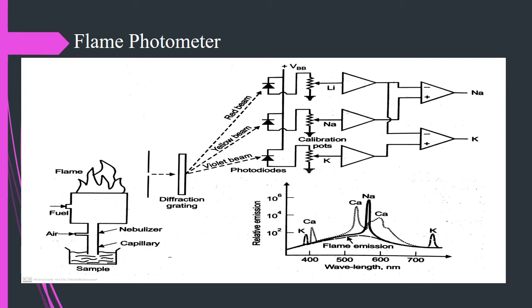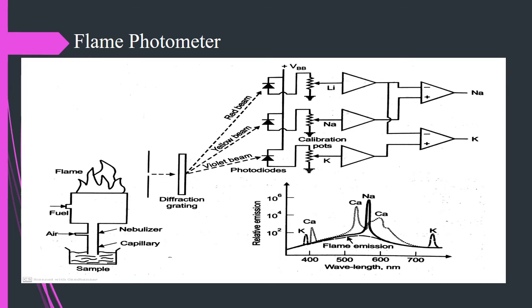An error due to varying flame temperature is eliminated. The variations in the intensity of light due to changes in the flow rate of the air or changes in the flow of fuel gas are eliminated by a proper electronic monitoring unit.